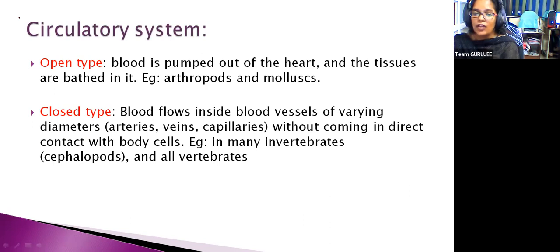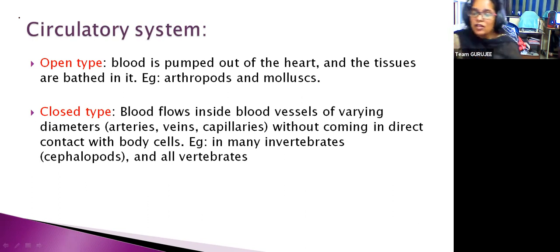In the same way, the circulatory system has two types, open type and closed type. In the open type, the blood won't flow in blood vessels; arteries and capillaries won't be present. Examples are arthropods, which include some insects and some worms.